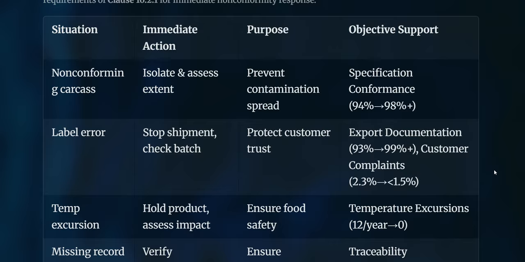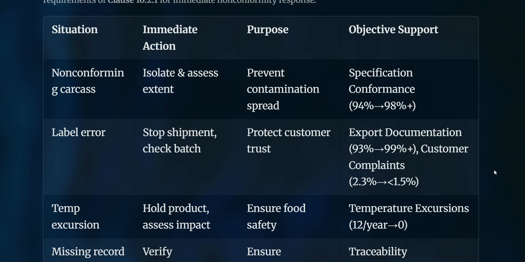Situation example: non-conforming carcass. With a non-conforming carcass, the immediate action required is isolation and assessment of extent, and the purpose of doing so is to prevent contamination from spreading.